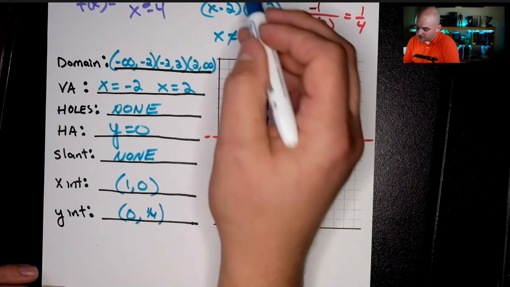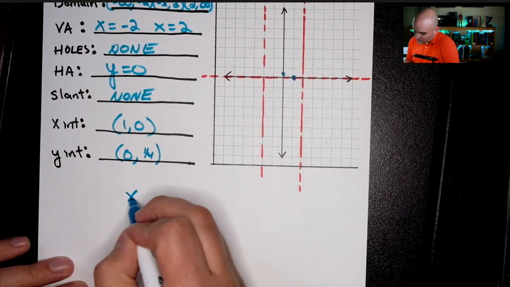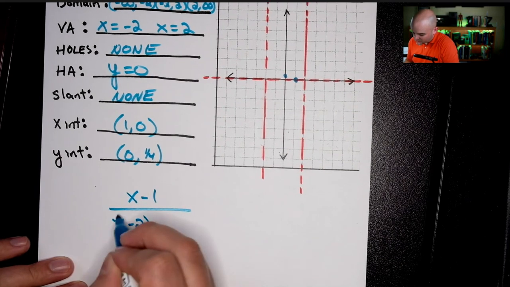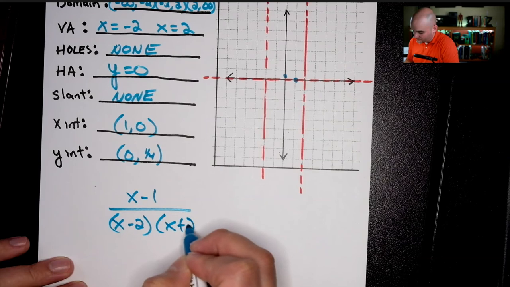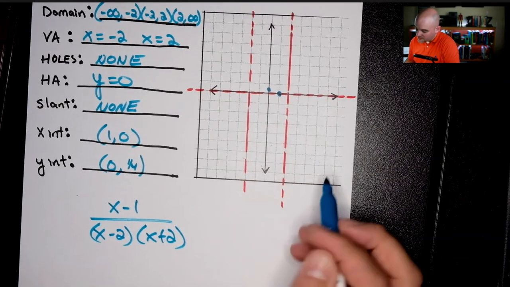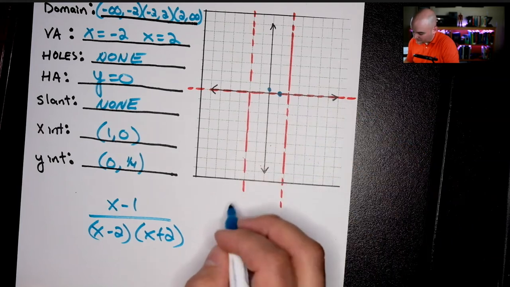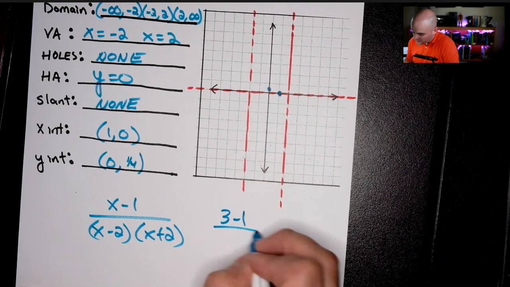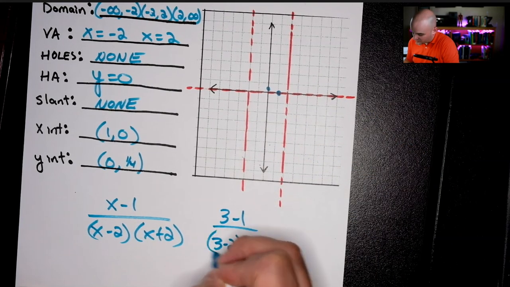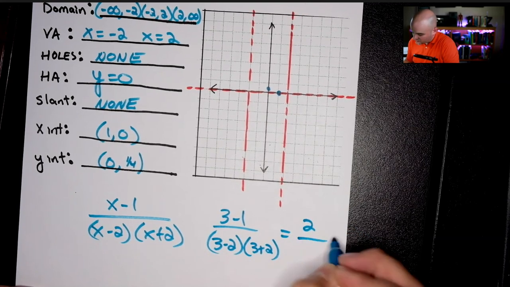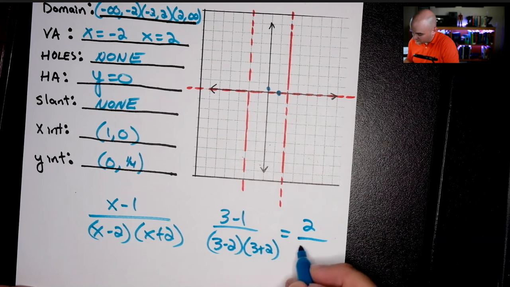So here's what I like to do. We've got x minus 1 over x minus 2 times x plus 2. And I'm going to put in some test points here. So if I go out really far, like a positive 3, I'm going to get 3 minus 1 over 3 minus 2 times 3 plus 2, which gives me 2 over 1 times 5, or 2/5.